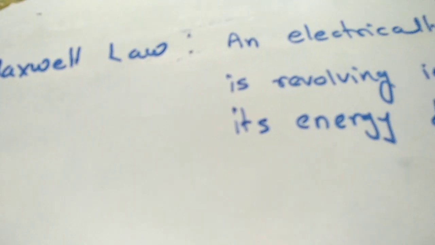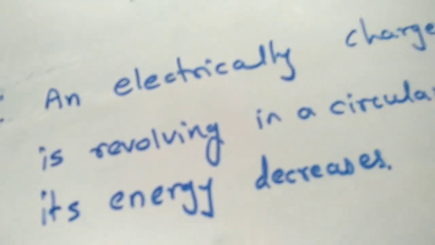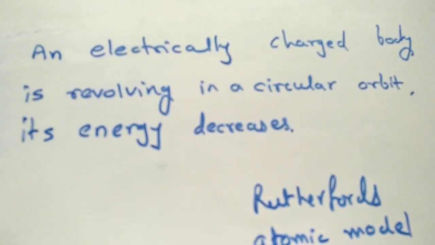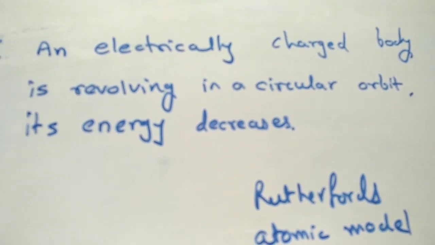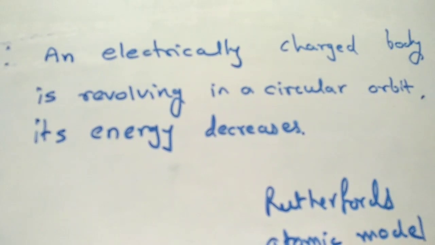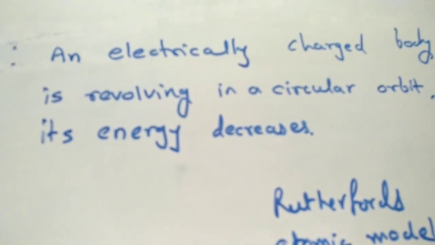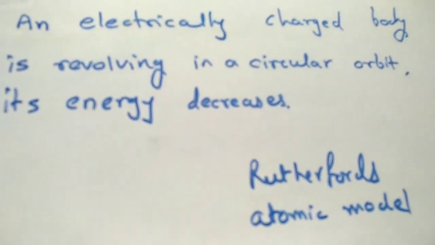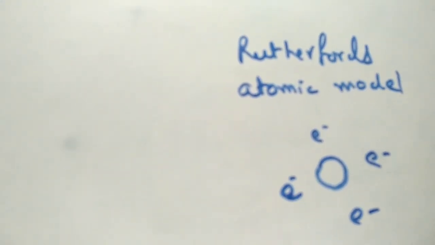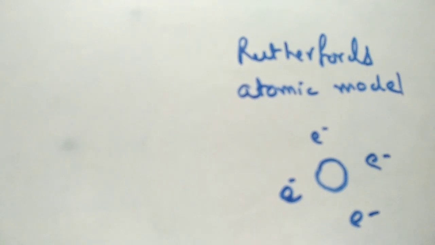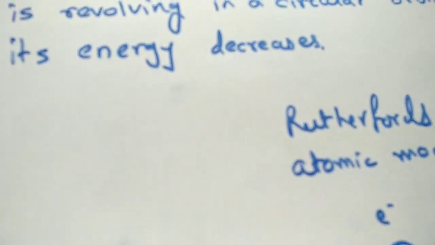There is Maxwell's law in physics which states that when an electrically charged body is revolving in a circular orbit, its energy decreases. And what we learn from Rutherford's atomic model is that electrons keep on revolving around the positively charged nucleus.